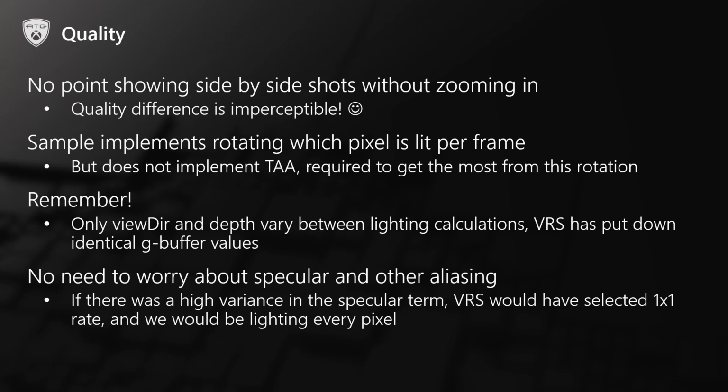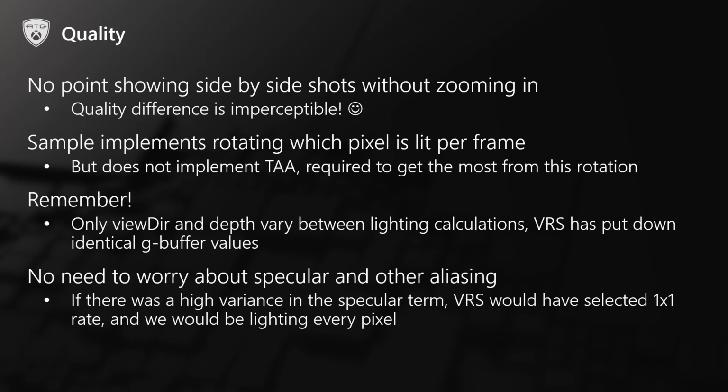Of course, when variable rate shading has output identical values to the GBuffer, the only difference you would get between adjacent pixels with identical GBuffer values is a very slight difference in view direction and a very slight difference in depth. But you should remember, when they're sharing lighting calculations, these are from the same triangle, so the depth values won't be very different.